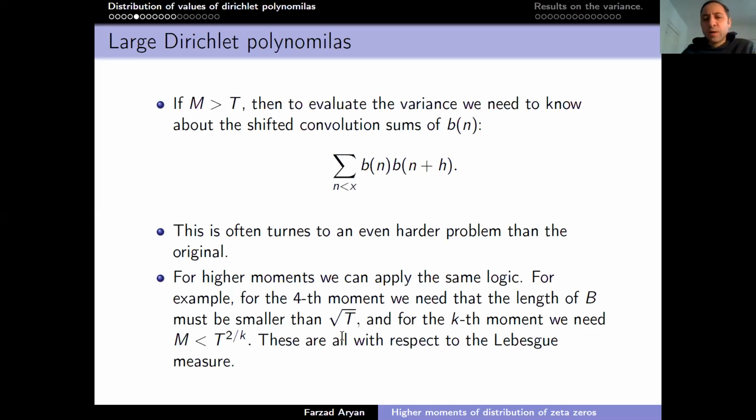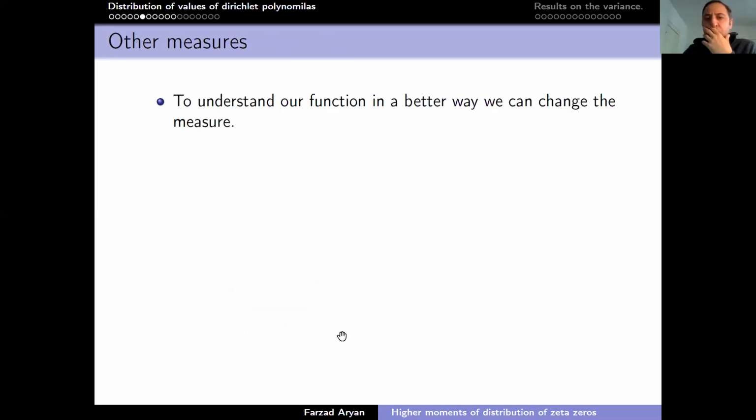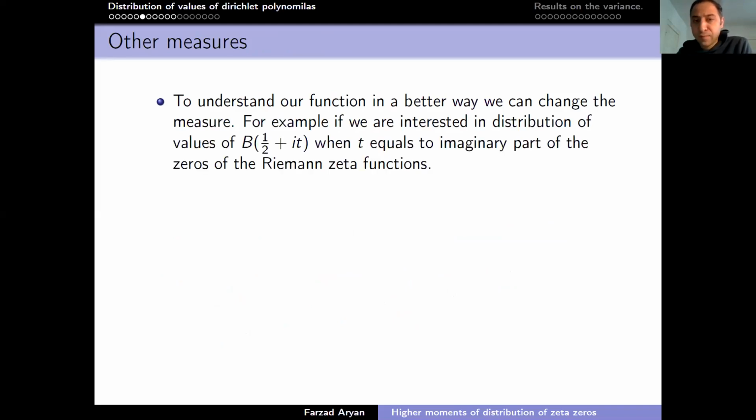And so far, I'm talking about all this with respect to Lebesgue measure. It means I give an equal chance to every point on the interval I'm considering. To understand our function better, sometimes we can change the measure. We don't always need to look at it with respect to the Lebesgue measure.